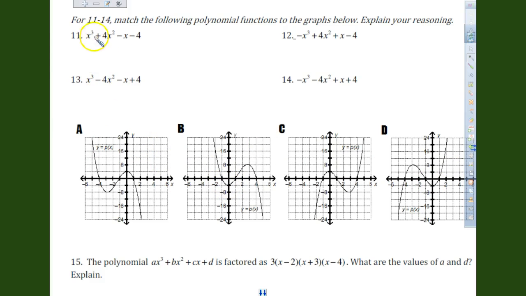You might remember that you can tell the direction of the end behavior by looking at, what was it? What changes? Yeah, the leading value, right? The leading exponent here, and you're looking at whether it's positive or negative. So you can see 2 of these are negative and 2 of them are positive, right? So that's why we have 2 that go this way and 2 that go this way. Which is which?